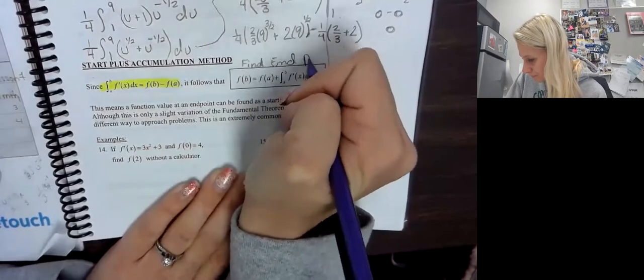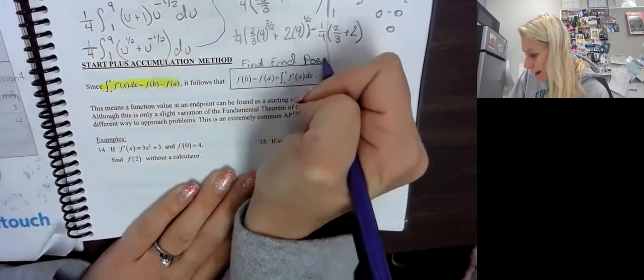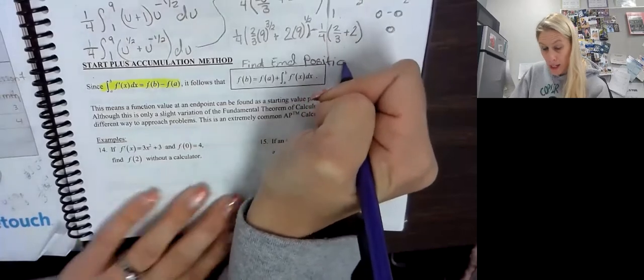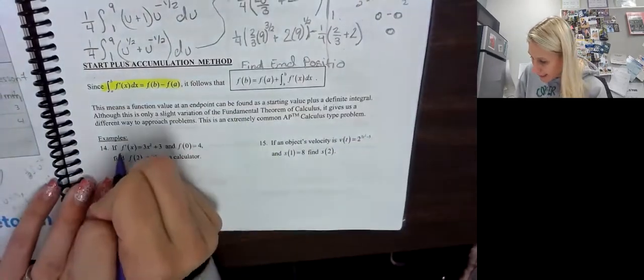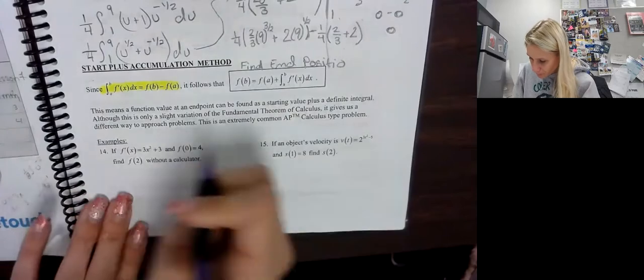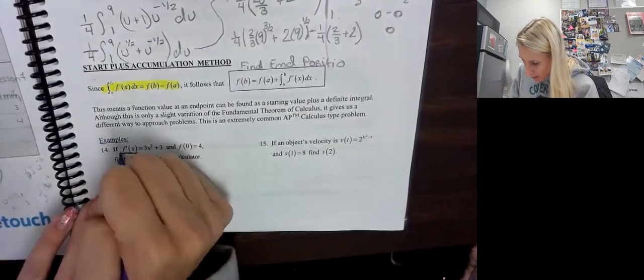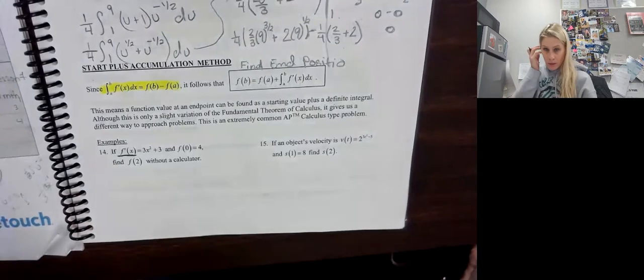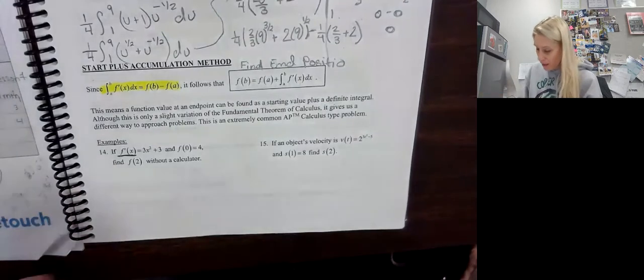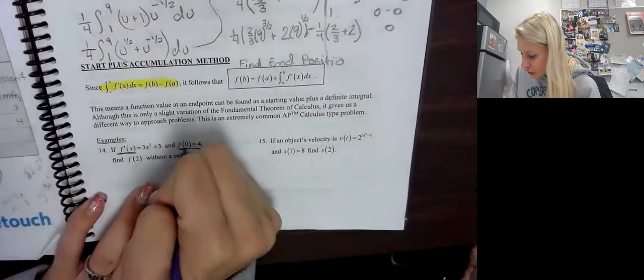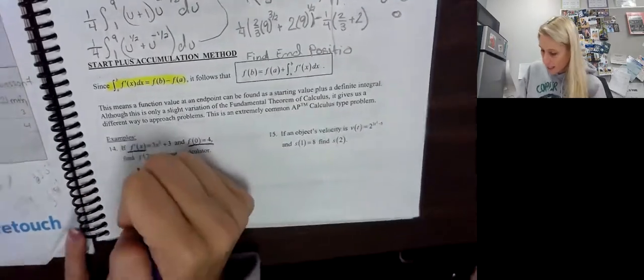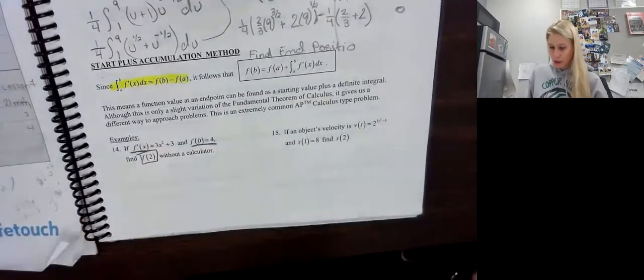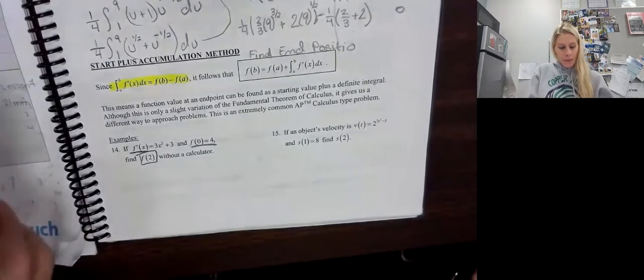How I always recognize this type of question is when I see that I'm given either the f prime of x or the area under the curve, a starting position, and I want to find an ending position. Okay?